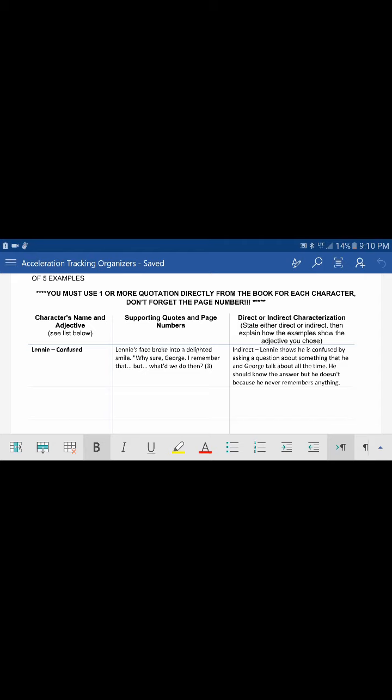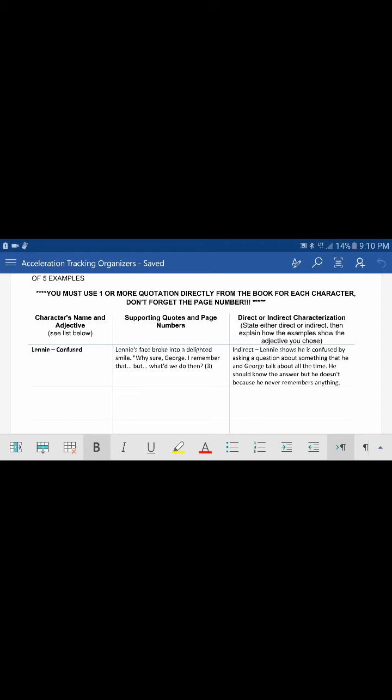So I chose Lenny as my first character. The word to describe him is confused. A supporting quote for that is, "Lenny's face broke into a delighted smile. Why, sure, George, I remember that, but what'd we do then?" So I'm saying that this is an example of indirect characterization. So again, you'll learn more about that as the course goes on.